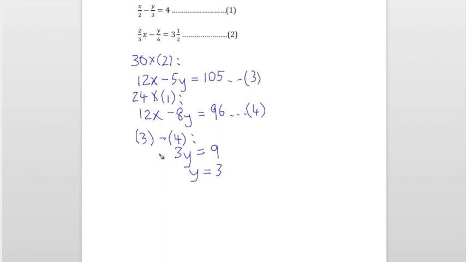So now we have to find out what x is by substituting y equals 3 into the equation. It is actually good to substitute into the original equation. So we will substitute into 1.